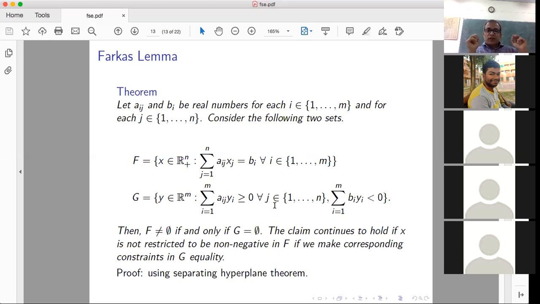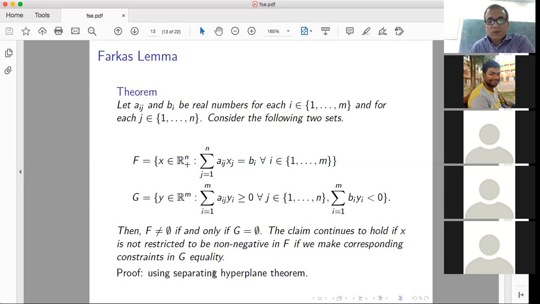The Farkas alternative, also called the dual system, is an easy certificate of whether the original system has a solution or not. If you Google Farkas lemma, you will find a wiki entry. The proof is not at all difficult. You need to spend about 45 minutes looking at it. But basically, it uses the separating hyperplane theorem.